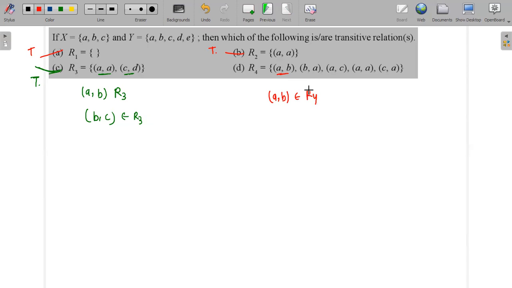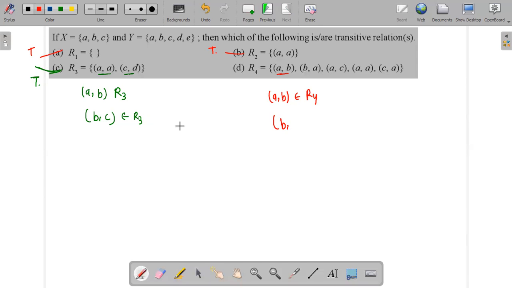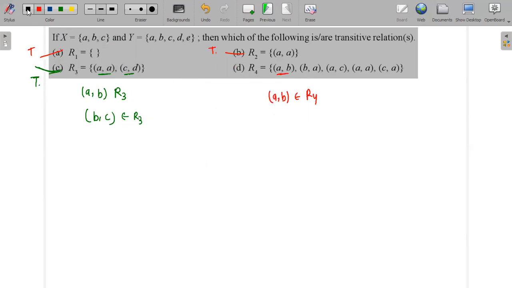Is there any other element which starts with B and is related with the same relation? Just have a look at the second element, what message I want to convey to you. In that one, your B is related with A with the same relation R4. So we just need to prove whether or not there is an element A comma A in that relation. As you find out, A comma A is already there in this relation. Your relation is qualified to be called transitive corresponding to element A comma B.